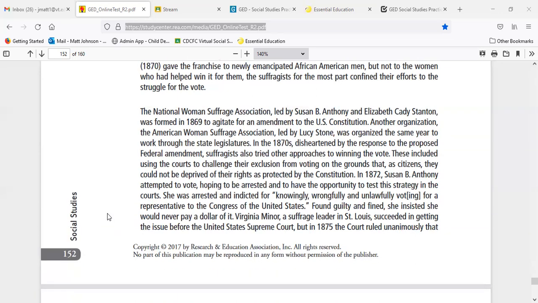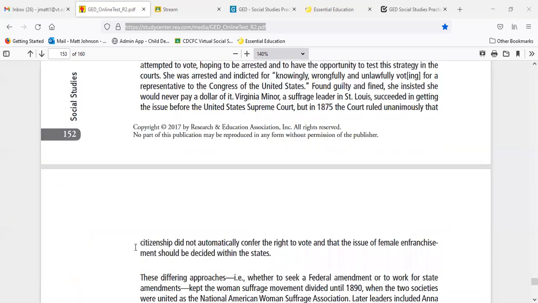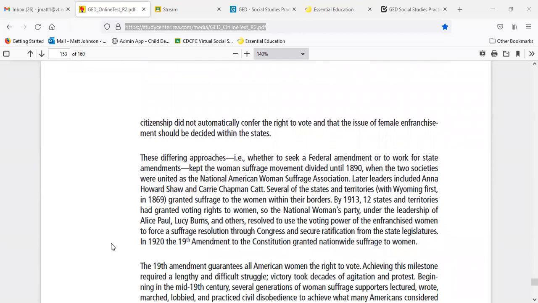Virginia Minor, a suffrage leader in St. Louis, succeeded in getting the issue before the United States Supreme Court. But in 1875, the court ruled unanimously that citizenship did not automatically confer the right to vote, and that the issue of female enfranchisement should be decided within the states.